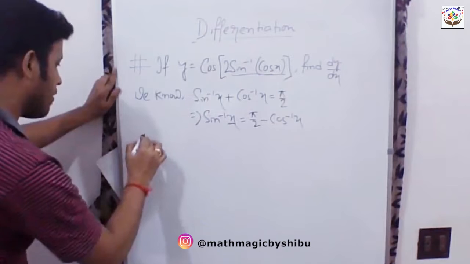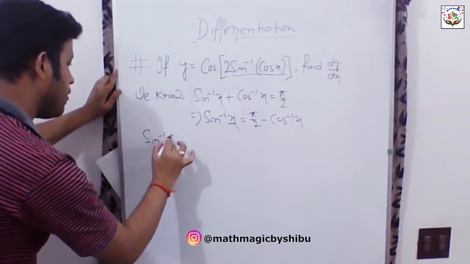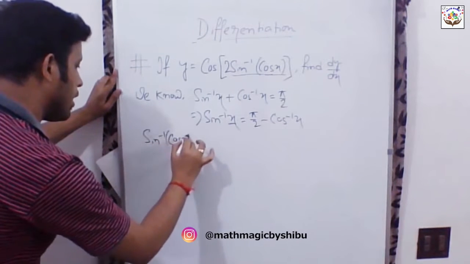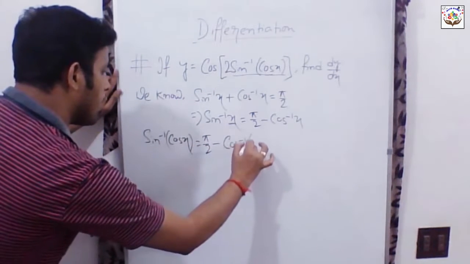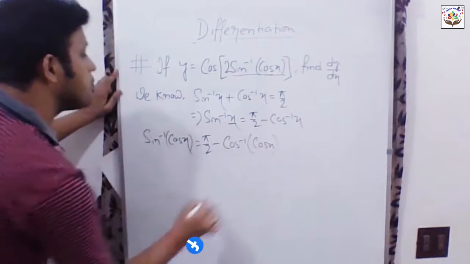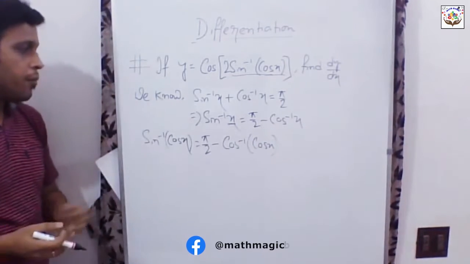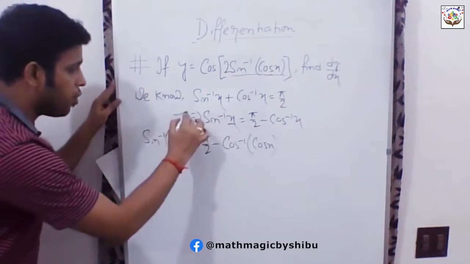That means the value here is x and here it is cos x. So can I write sine inverse cos x as pi by 2 minus cos inverse cos x? We can definitely write that, because just compare with this formula.